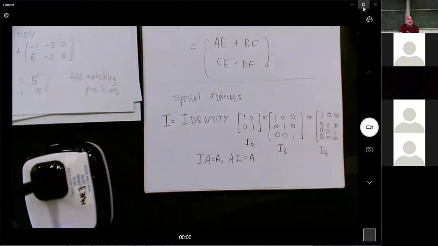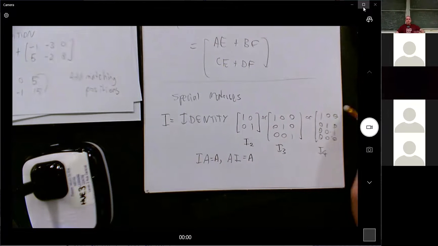It's called the identity because if I said, I'm thinking of a matrix, you tell me a matrix to multiply it by, and I'll tell you the answer, and then you have to guess what matrix I'm thinking of. And so that's okay, I multiply it by the correct size identity.